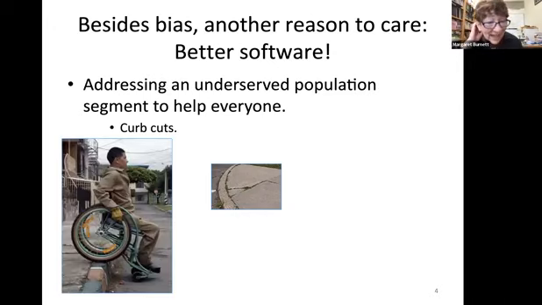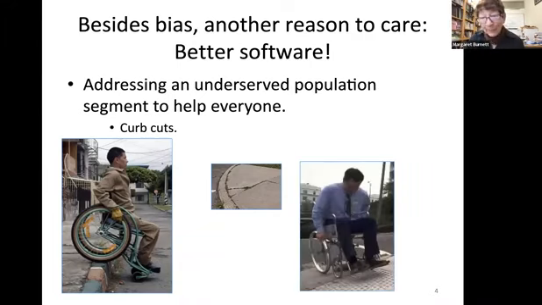So way back in the day, there were no curb cuts. And somebody noticed a person in a wheelchair dealing with curbs like this, and they said, that is terrible. We must do something. Eventually, curb cuts were born. And they did help people in wheelchairs. So yay, that's awesome. That's our inclusivity side being happy.